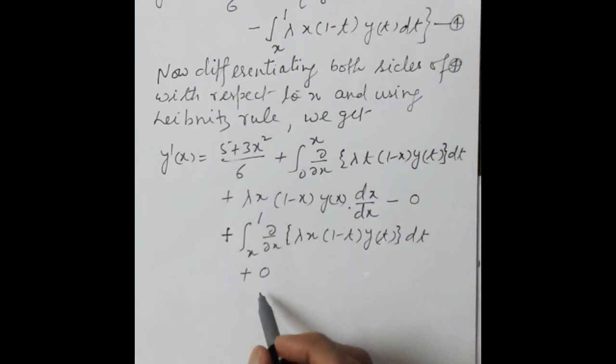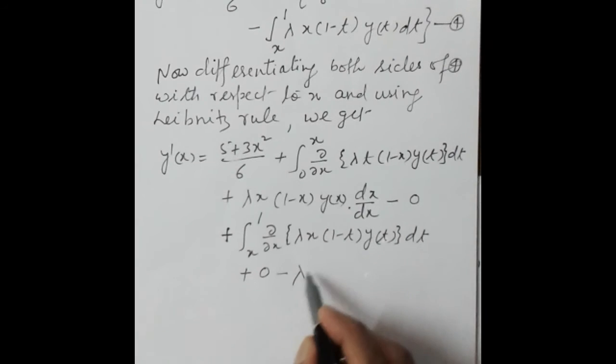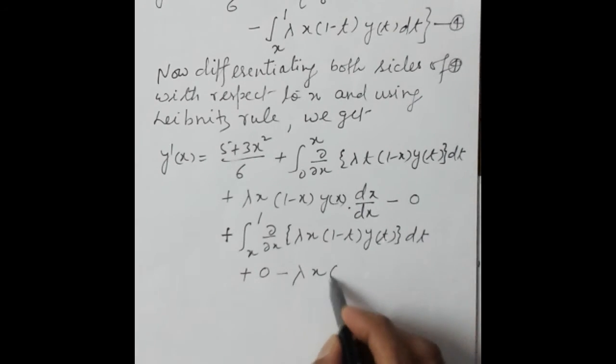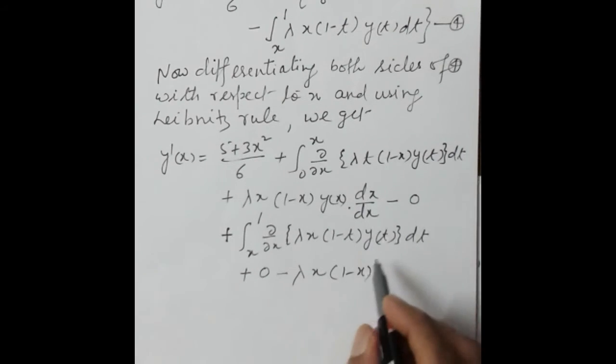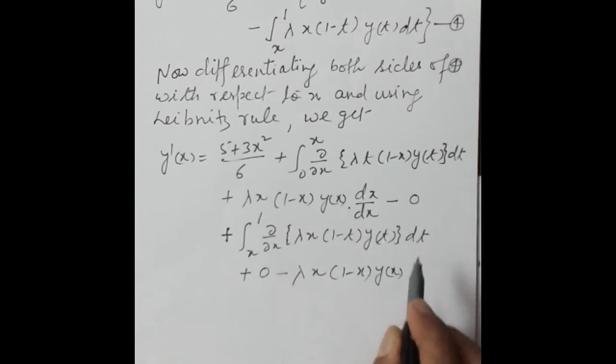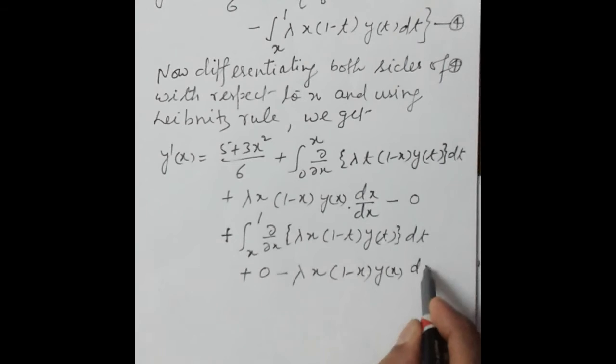So we have plus 0 minus lambda x(1 minus x) y(x) dx by dx.